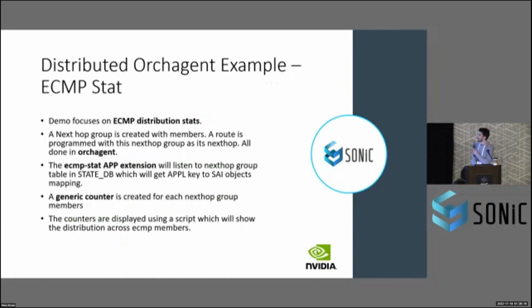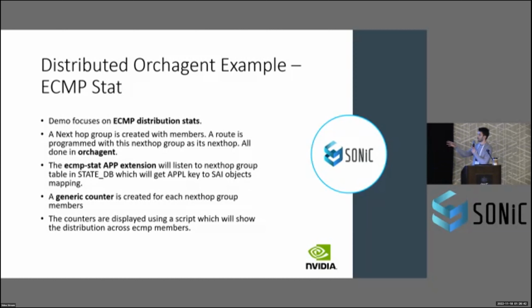And the demo. So the demo will present a case for ECMP distribution statistics, basically ECMP stat, new command, new functionality. Next hop group is created with its members in Orchagent itself. So we use the vanilla SONiC for that.